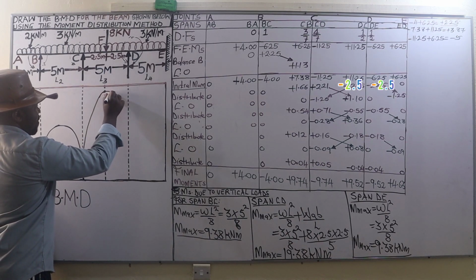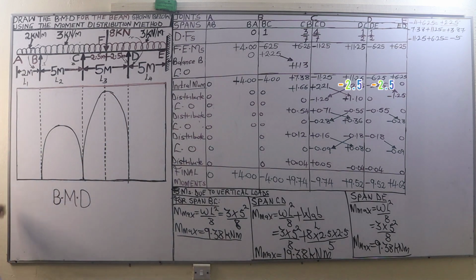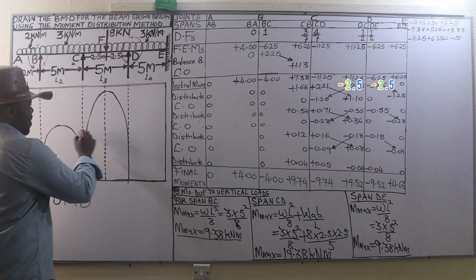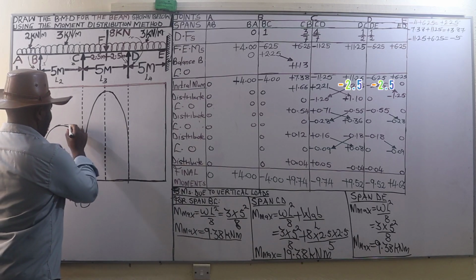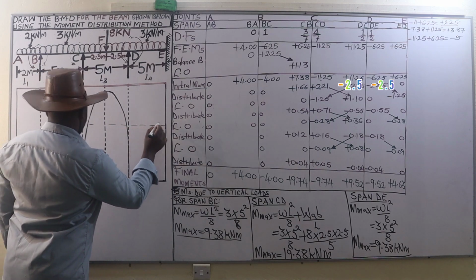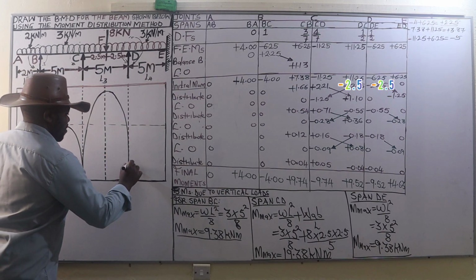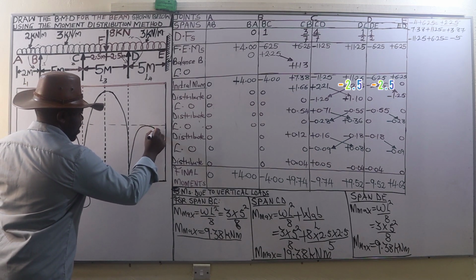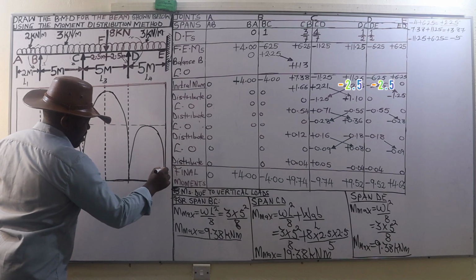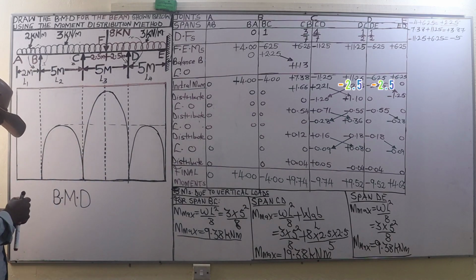I hope that is a smooth curve. Yep, something close to that. And then for the member DE, a smooth curve of 9.38. So we drew another smooth curve, maximum 9.38. Then we drop it there. So that's what we got.